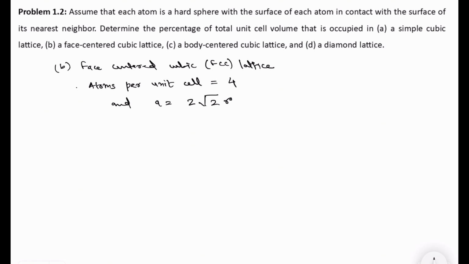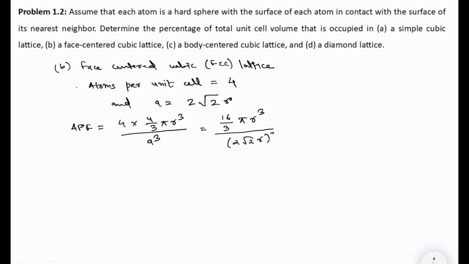Now APF is equal to 4 times 4/3 πr³ over a³, which is equal to 16/3 πr³ divided by, we will substitute the value of a, so it is (2√2 r)³, which is equal to 16/3 πr³ divided by 16√2 r³.